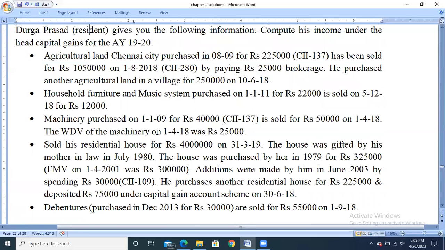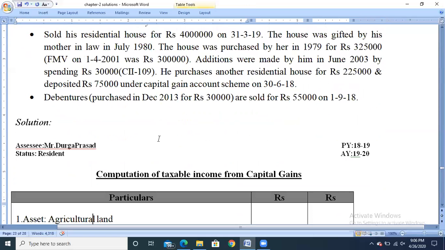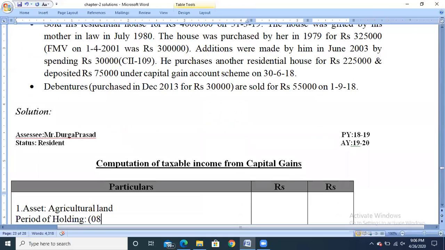So the asset has been purchased in the financial year 2008-09, and it has been sold on 1/8/2018. The purchase date 2008-09 to 1/8/2018.